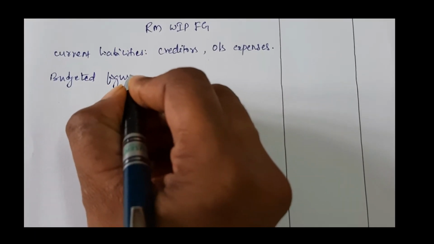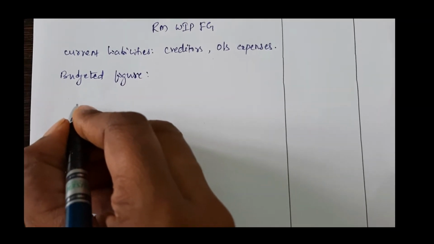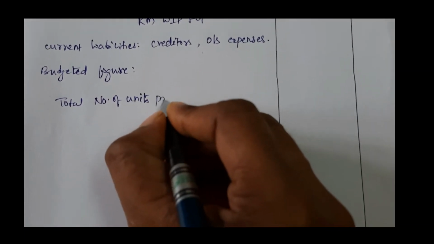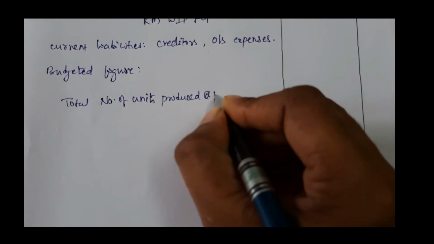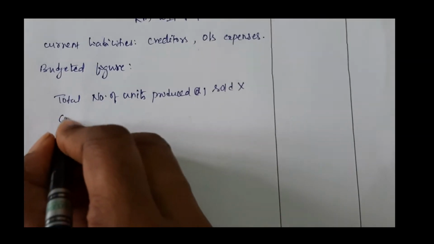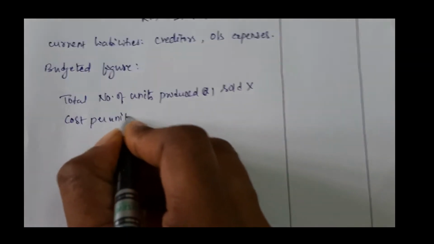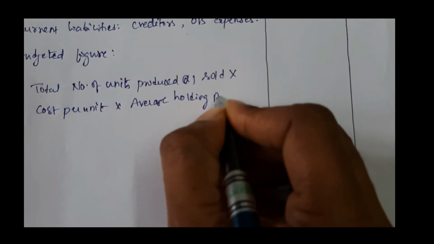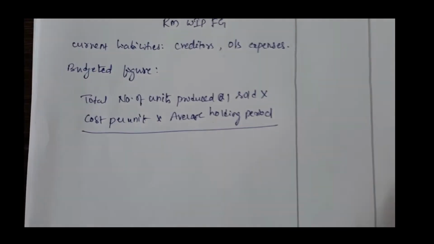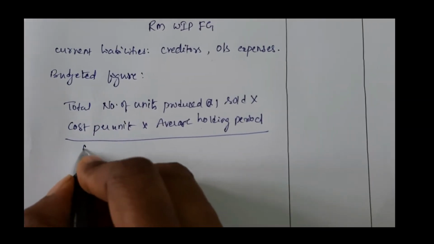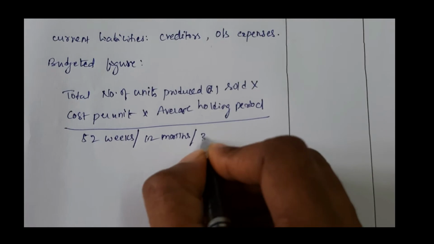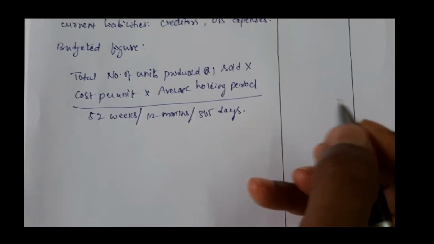Budgeted figure will be total number of units produced or sold into cost per unit into average holding period divided by 52 weeks or 12 months or 365 days, depending upon the information given in this sum.